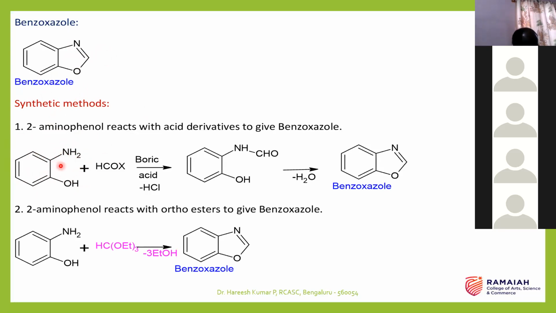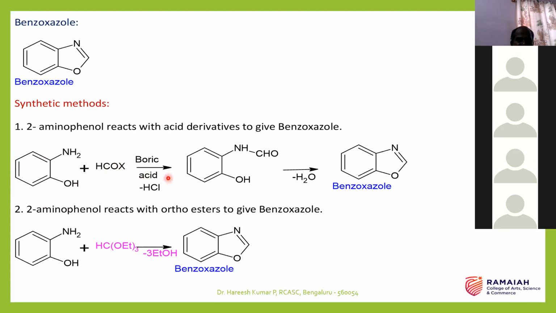So this is ortho-aminophenol, otherwise 2-aminophenol. 2-aminophenol is treated with an acid halide. Acid halide here means formyl halide, because only one carbon is there. The halide may be chlorine, bromine, or whatever it is.